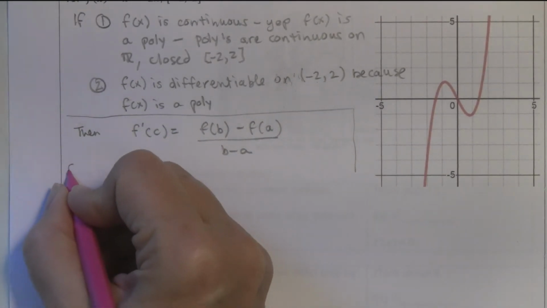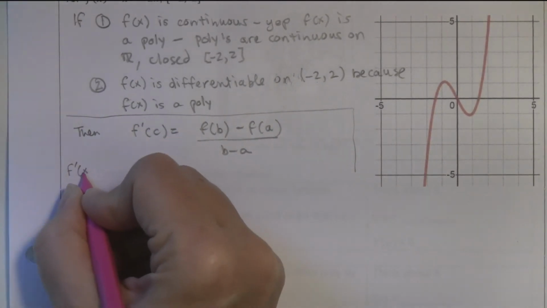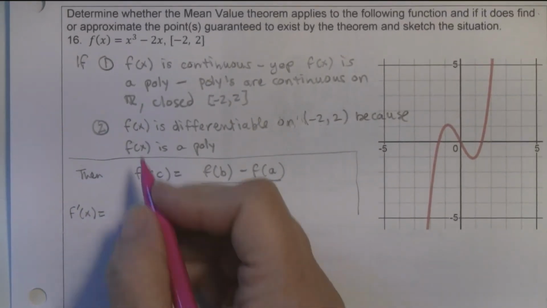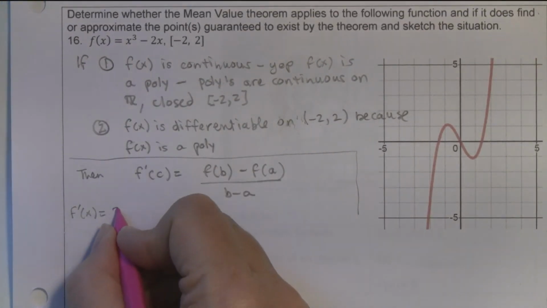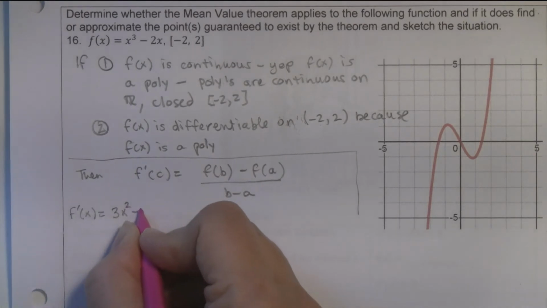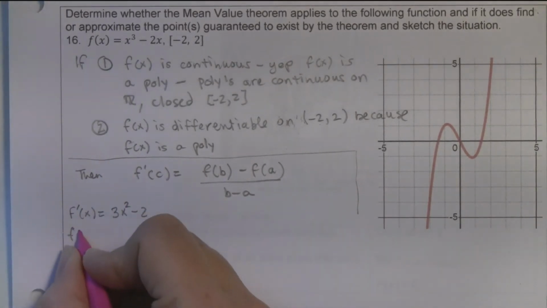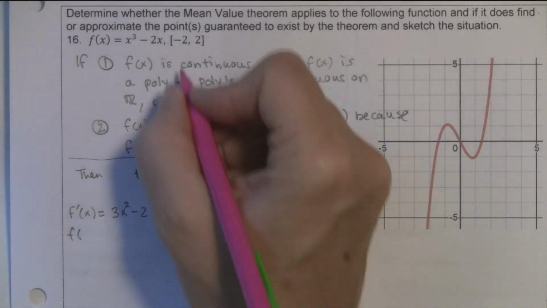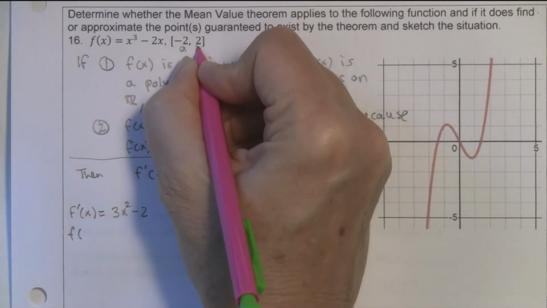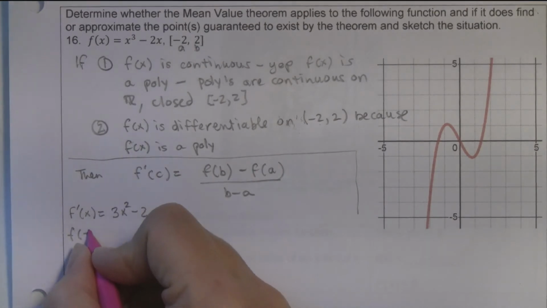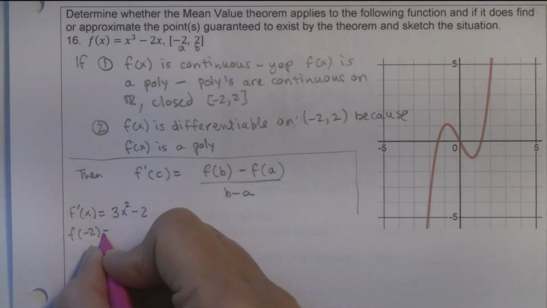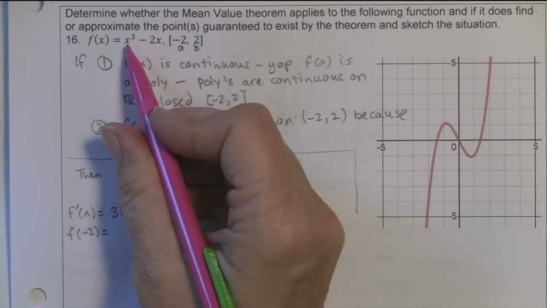I'm going to need to find f prime at x. I'm going to need to find the derivative, and that is 3x squared minus 2. I'm going to need to find f at, because this is my a and this is my b, f at negative 2, and I'll just put that in here.